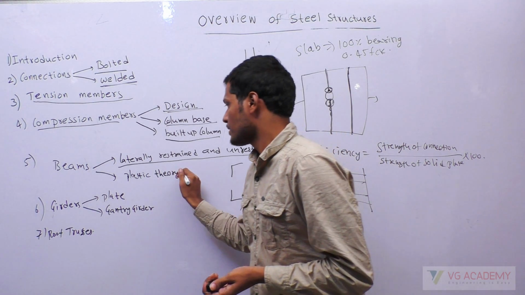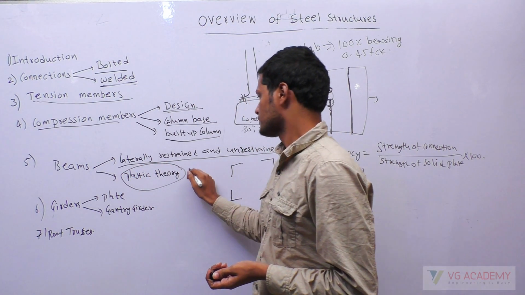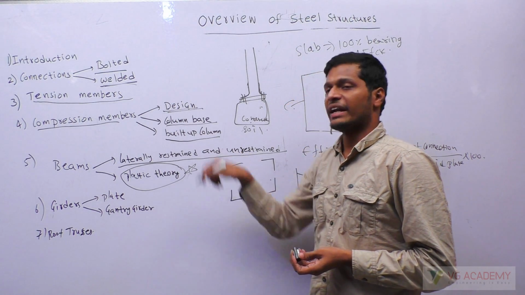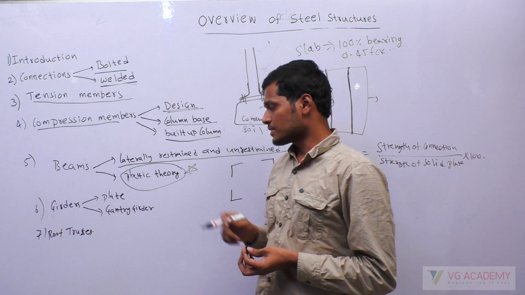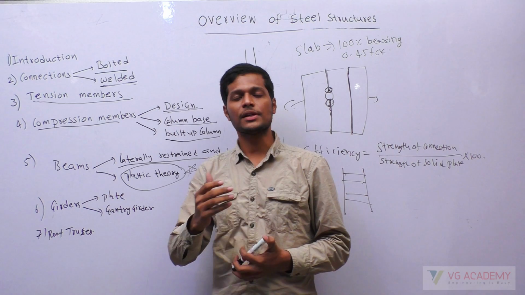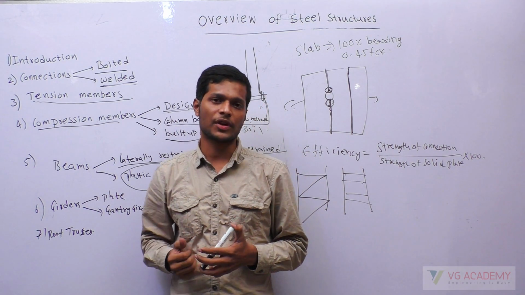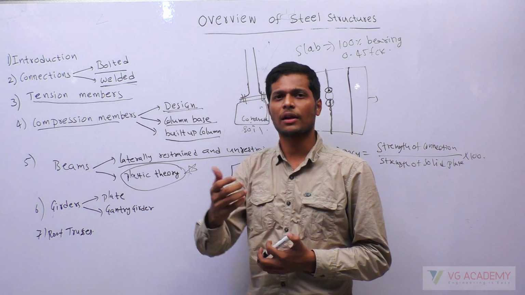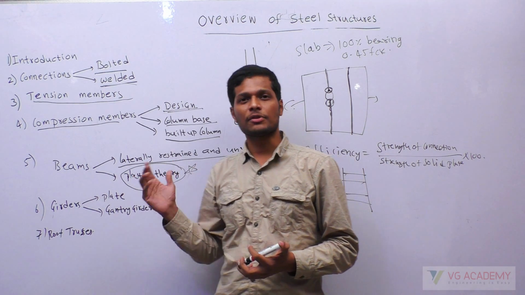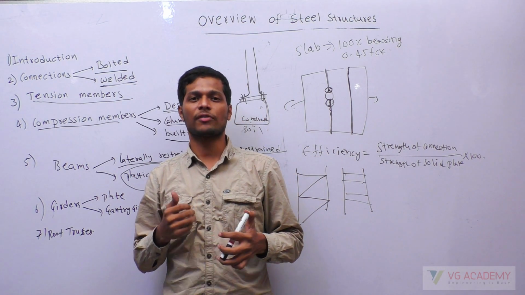And plastic theory is very important among the entire steel structures. The most important is plastic theory. Plastic theory is not about important specifications or important formulas. It is a method which has to be practiced with a number of examples.